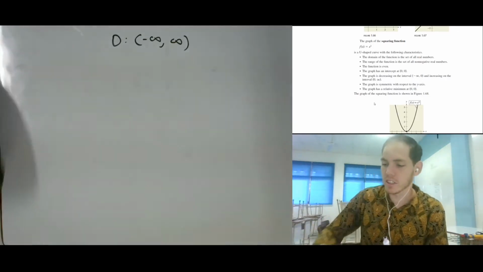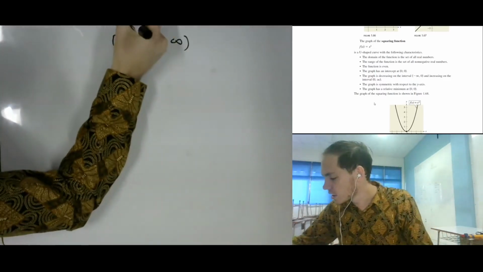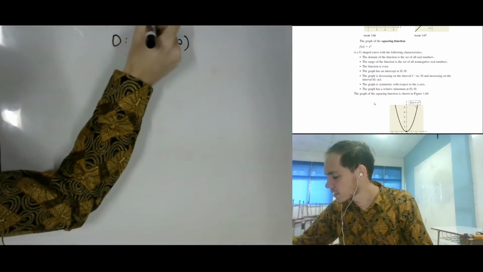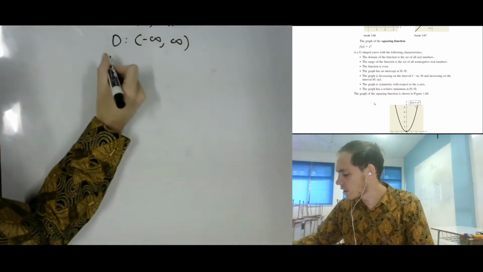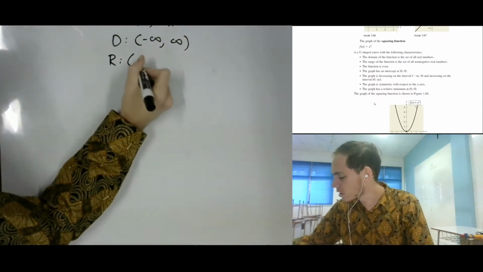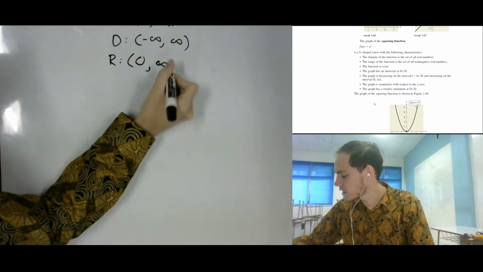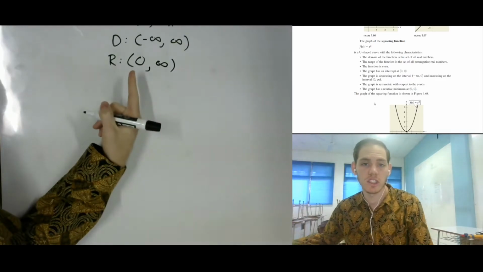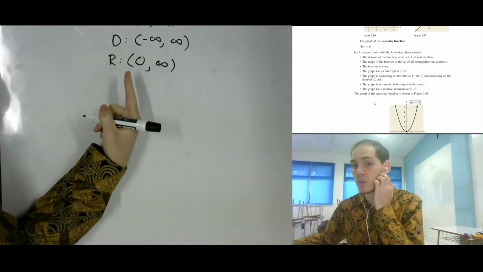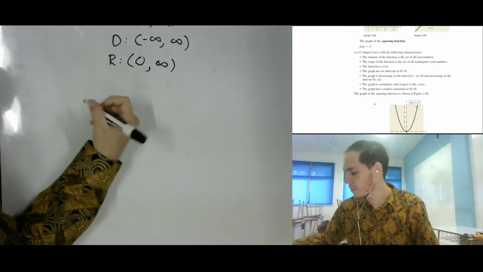This is the parent function, f of x equals x squared. So our range is going to be 0 to infinity. The reason it's 0 to infinity is because it's all non-negative numbers. Non-negative means 0 and above.